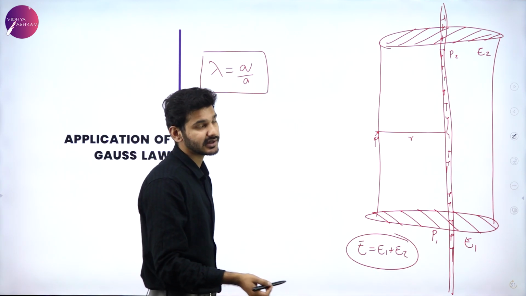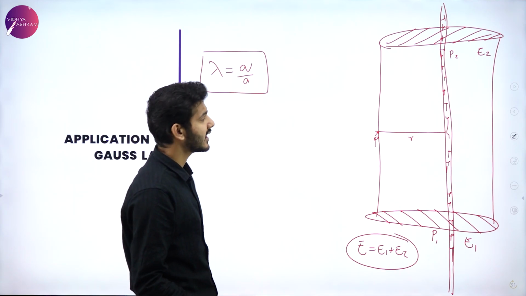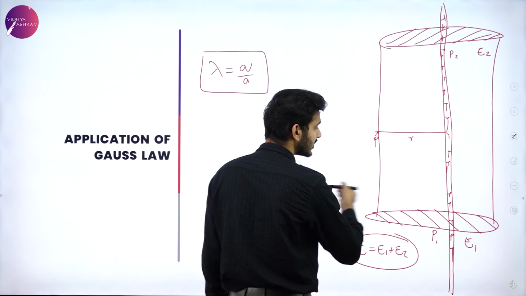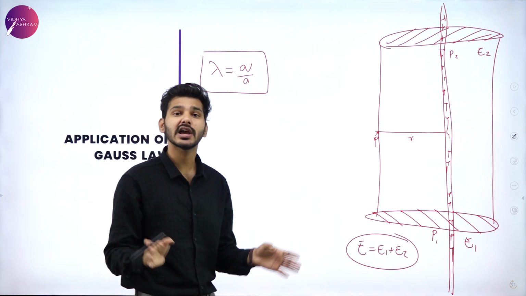Or we can simply say that the vertical components of E1 and E2 will cancel each other out, and only the horizontal component remains. That is all from symmetry arguments.